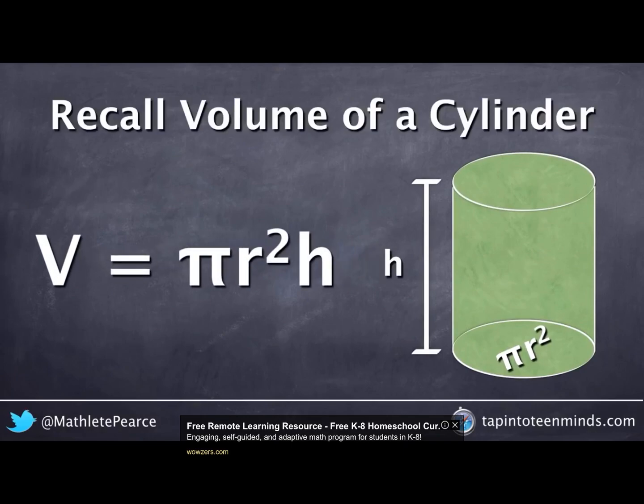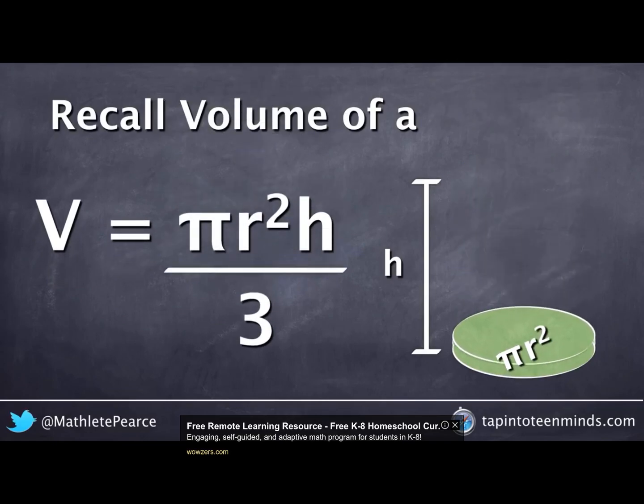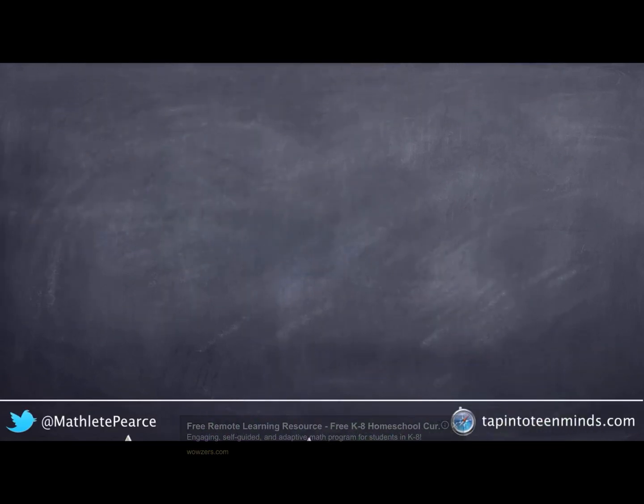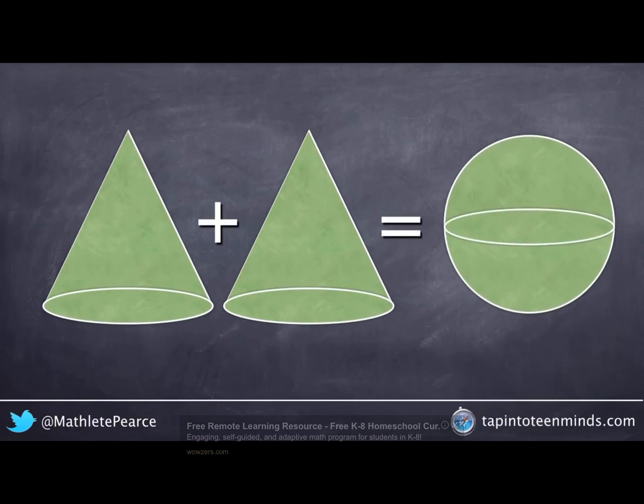We later learned that to get the volume of a cone, we would take the volume of the cylinder with the same height and same radius and simply divide it by 3. As we saw in the experiment, it took two cones to fill up a sphere with the same radius. It's important to note that that would mean the height of the two cones would be the same as the height of the sphere.